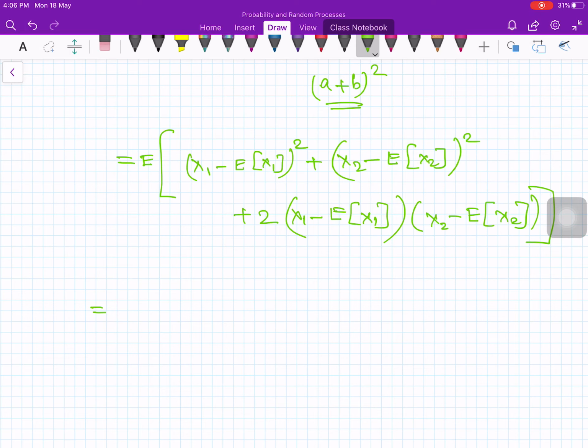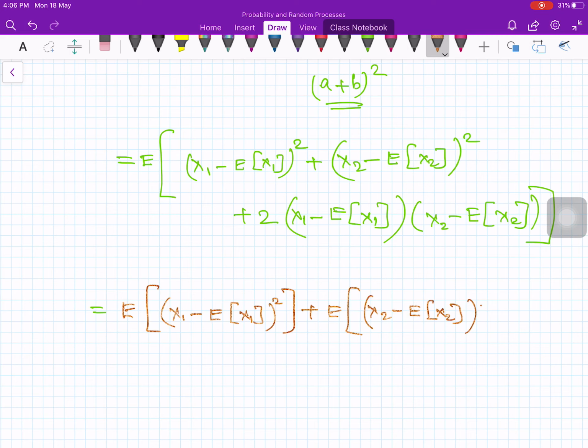So it is going to be the expectation of x1 minus e of x1 the whole squared plus the expectation of x2 minus e of x2 the whole squared plus 2, which is a constant you can pull out of the expectation, times the expectation of x1 minus e of x1 times x2 minus expected value of x2.